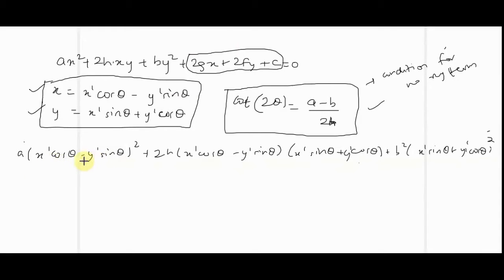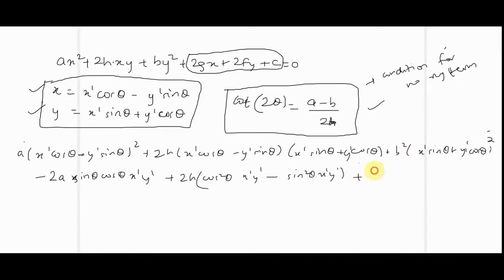In the first term we have minus 2a sin theta cos theta x prime y prime. Here you have 2h cos square theta x prime y prime minus sin square theta x prime y prime.